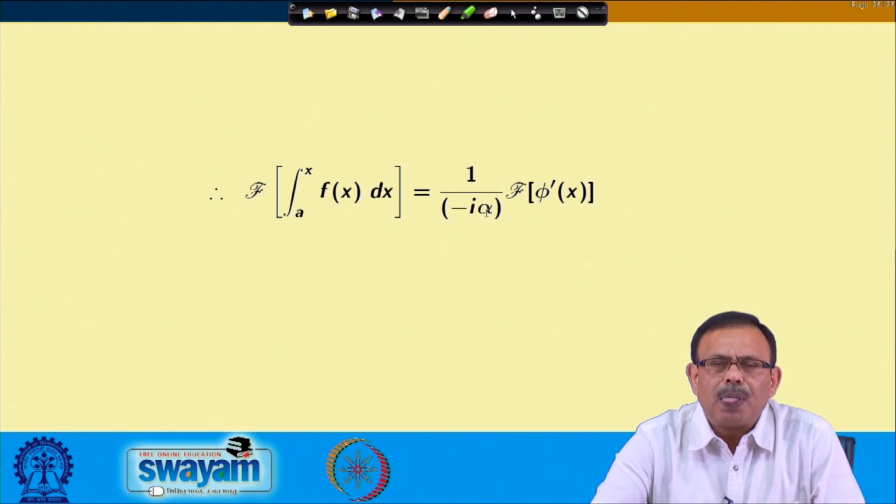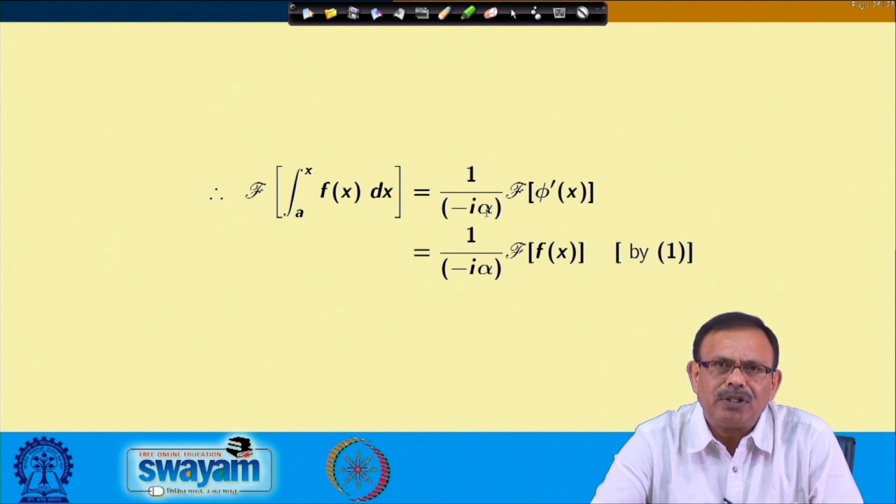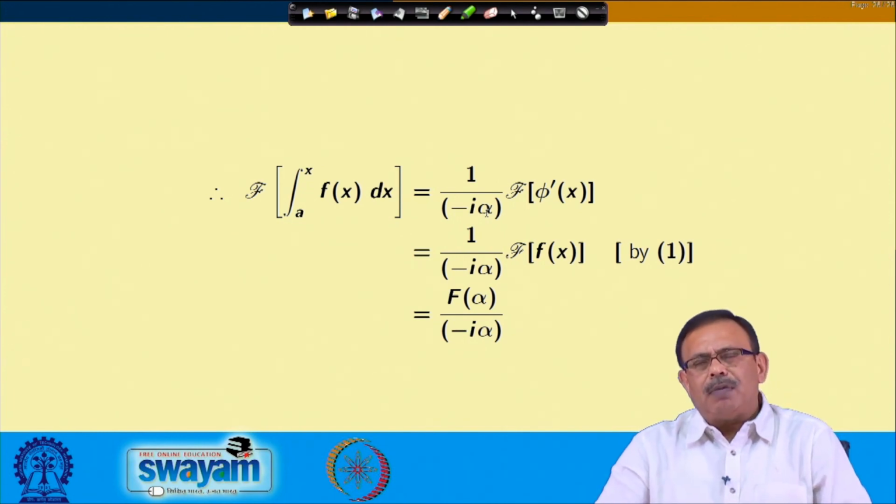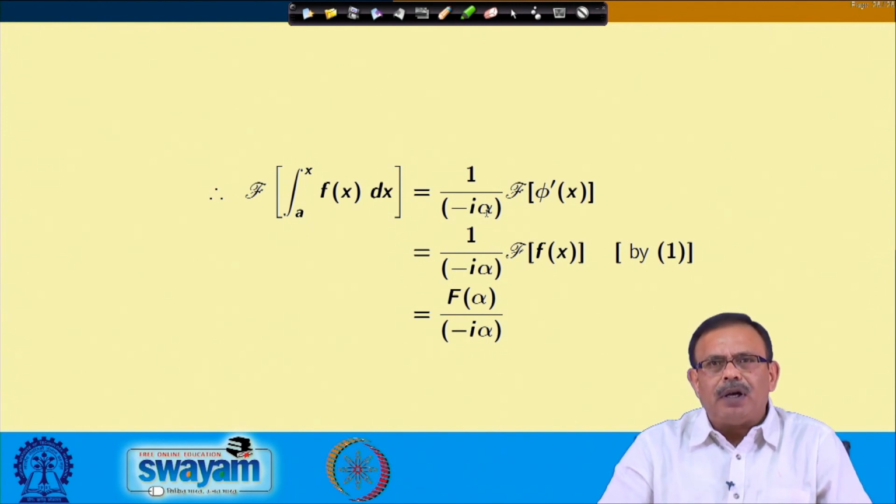And so, I can tell the Fourier transform of the integral from a to x of f x dx is the Fourier transform of phi dash x by minus i alpha. Again, phi dash x is f x, so I am replacing it, and I got the result that the Fourier transform of the integral from a to x of f x dx equals the Fourier transform of f x, that is capital F of alpha, by minus i alpha.